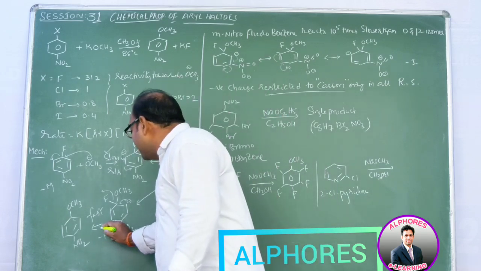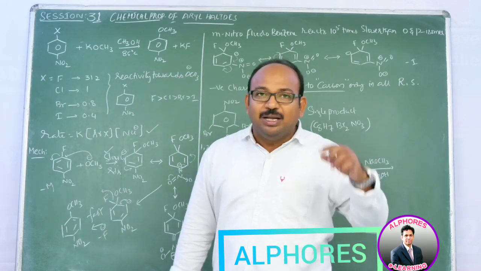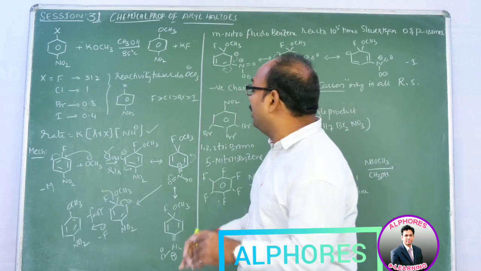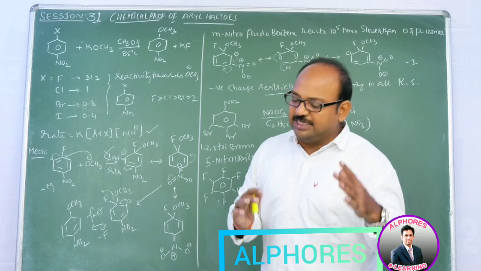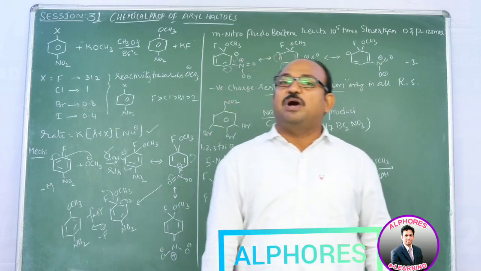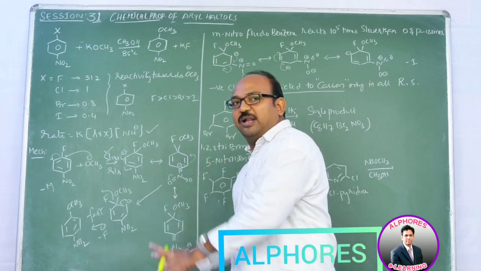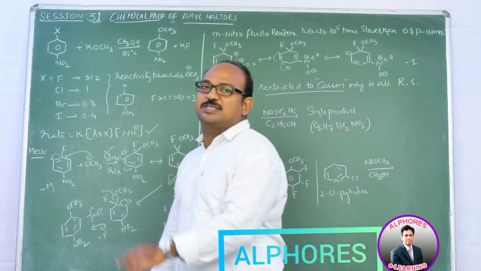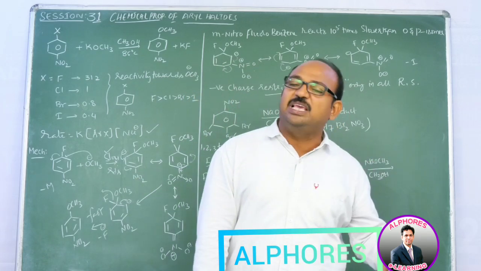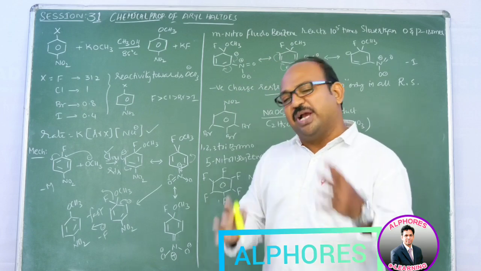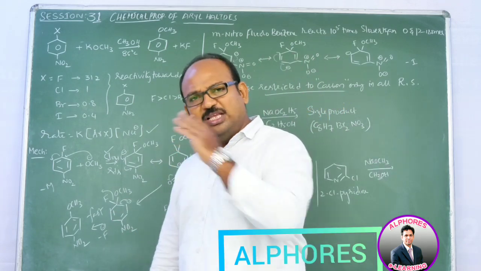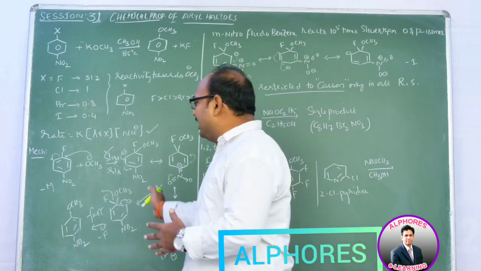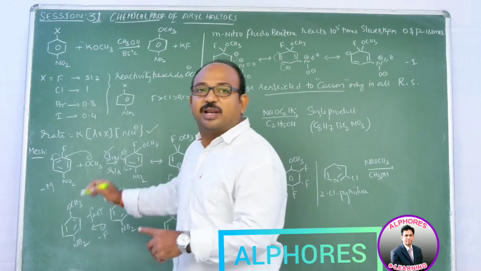Hence, C-F bond breaking does not influence the reaction rate. I am repeating once again. Yes, what we learned in the case of alkyl halides, the same here also is correct. Because of fluorine's small size, because the C-F bond is a strong bond, because more energy is required for C-F bond breaking, yes, all these are correct. But all these are not involved in the rate law.